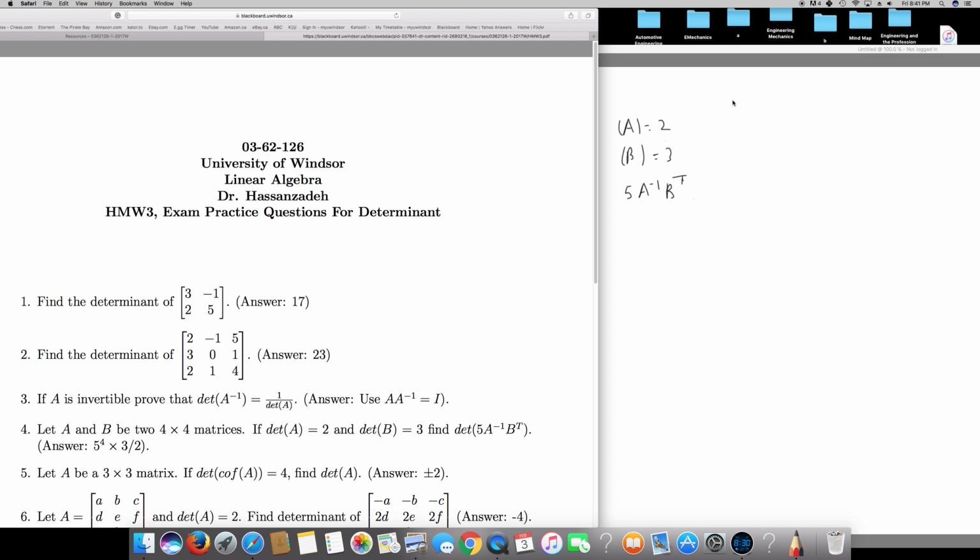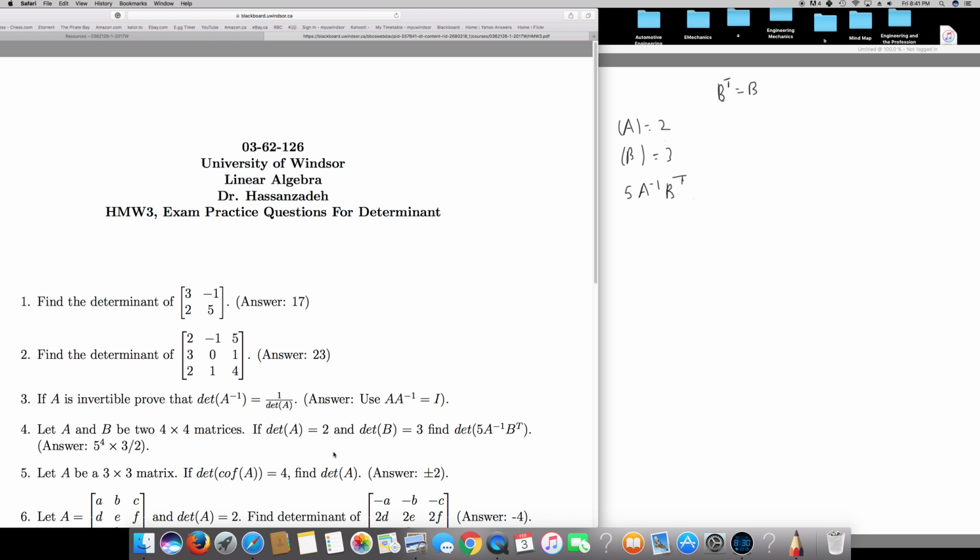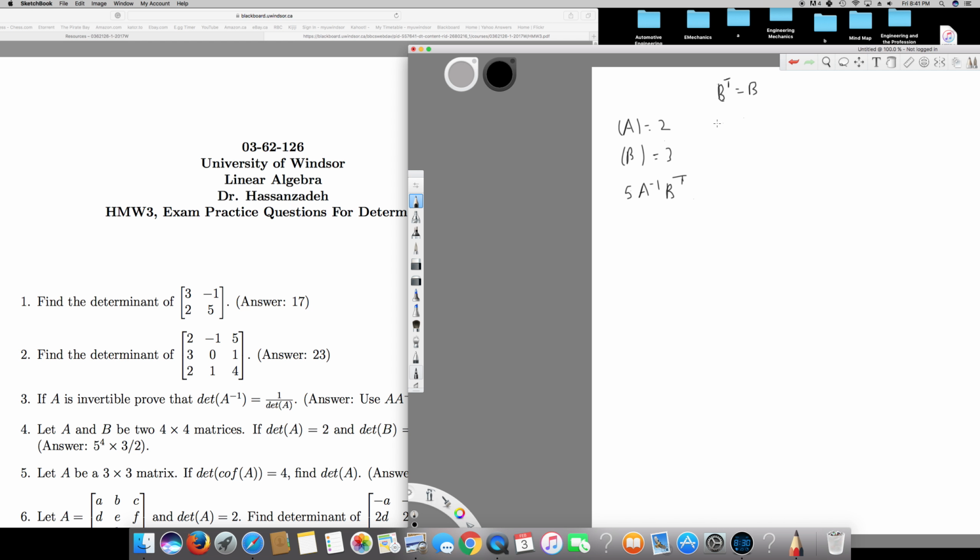So B to the power of T is equal to B, according to the determinant rule. Whatever the matrix, its transpose has the same determinant, like A to the power of T is A, B to the power of T is B. Also, if it's A inverse, it means 1 over determinant A. So let's do the numbers here.